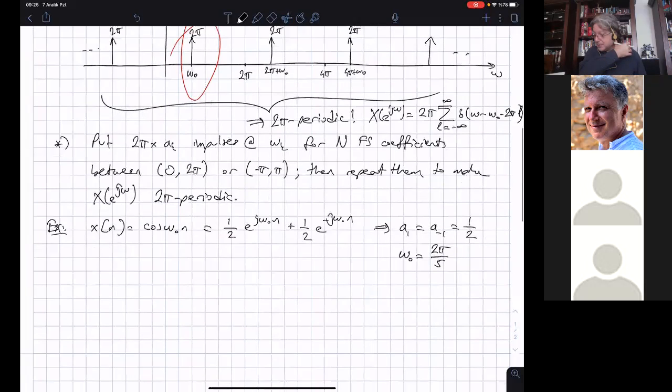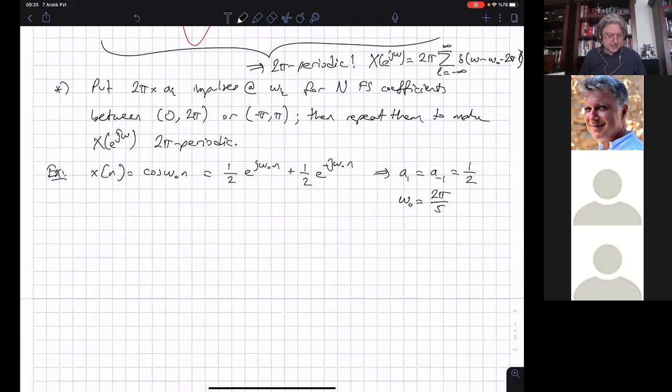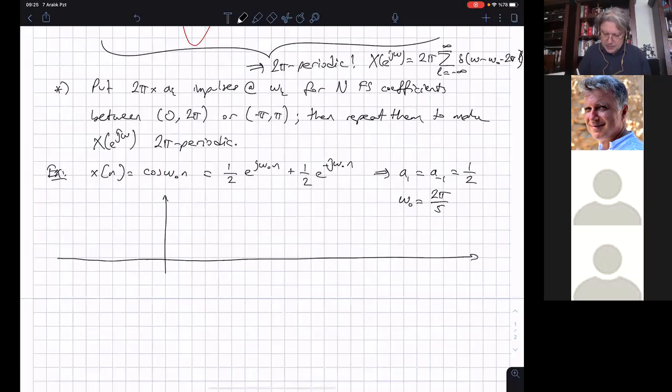Now, for this sinusoid, how can I express it? We have 2 exponential terms like that. First, let's try to visualize it graphically, like this.